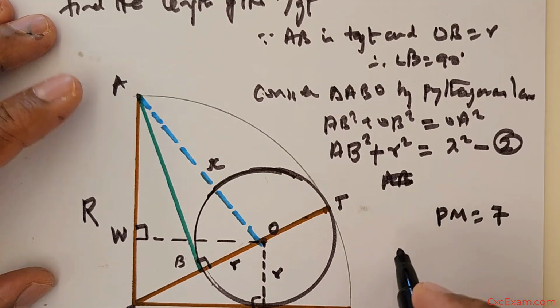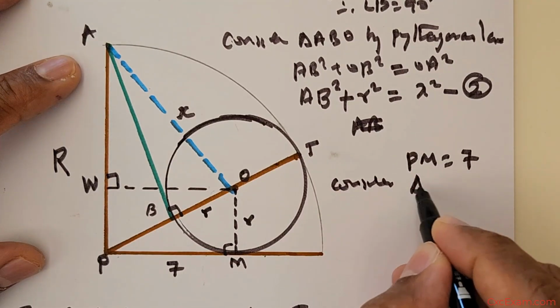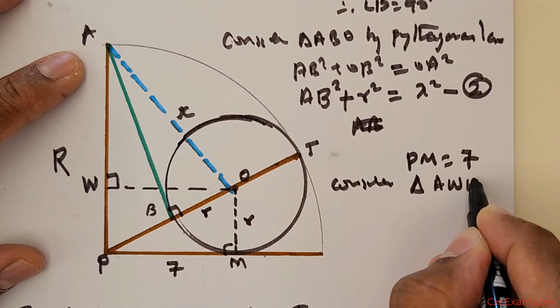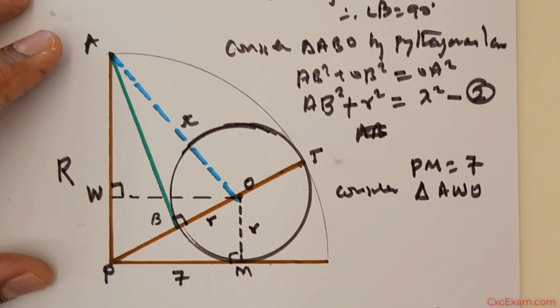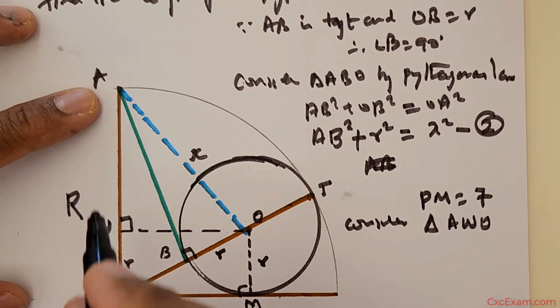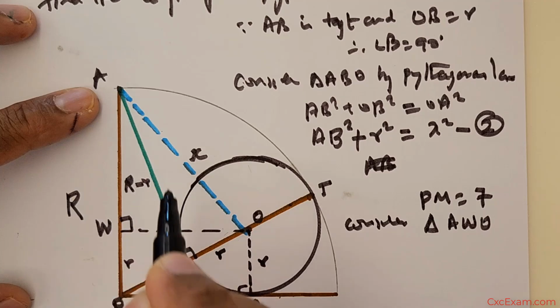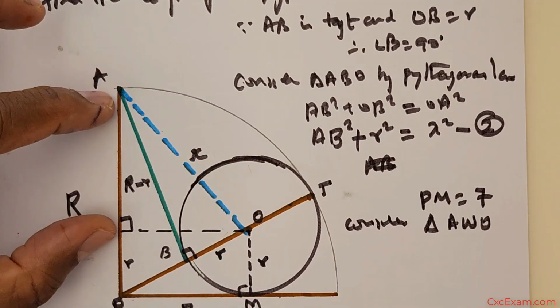Now I will consider triangle AWO. Now this entire length is capital R, this length is small r, so this is going to be capital R minus r, this length.